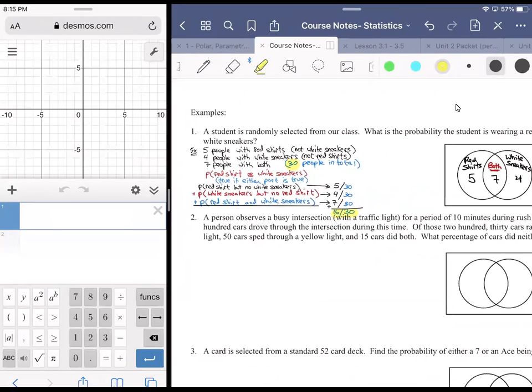All right, so in terms of the Venn diagram, that leaves a little bit of the segment of the population that hasn't been accounted for.